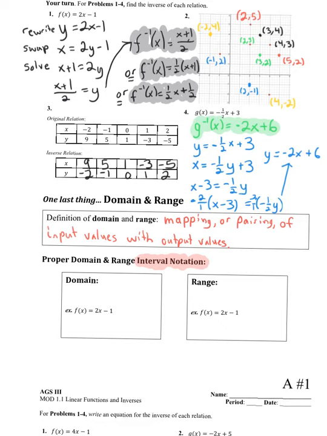Domain's going to be either the input values, which is like the x values, or the y values. Does anyone remember? Is domain the x values or the y values? What do you think? Is domain going to be the x values or the y values?